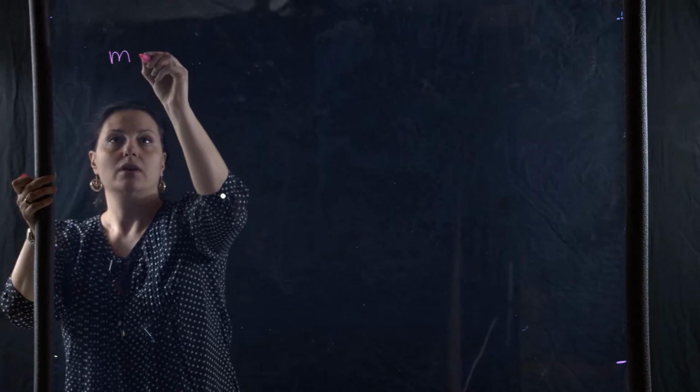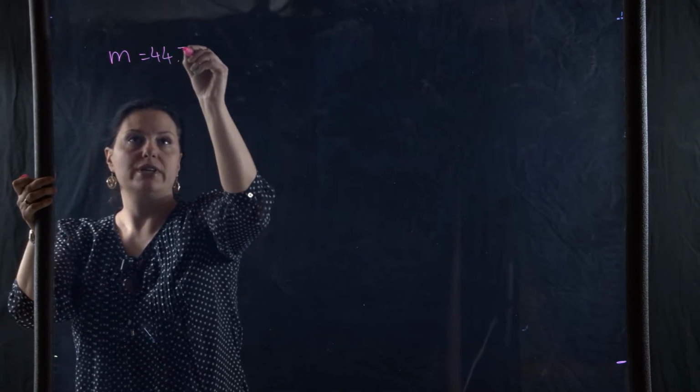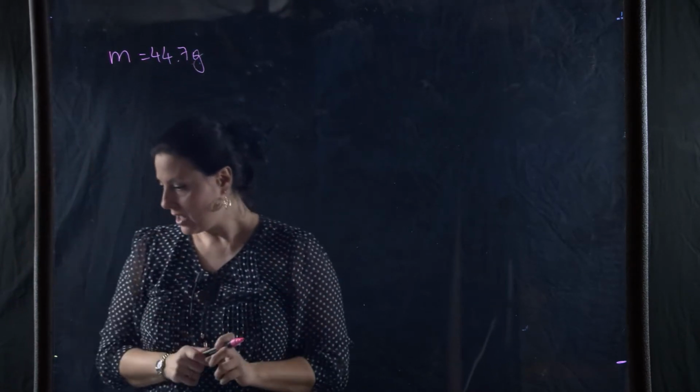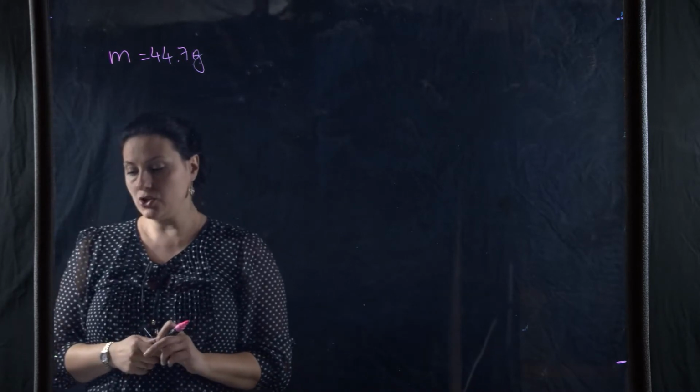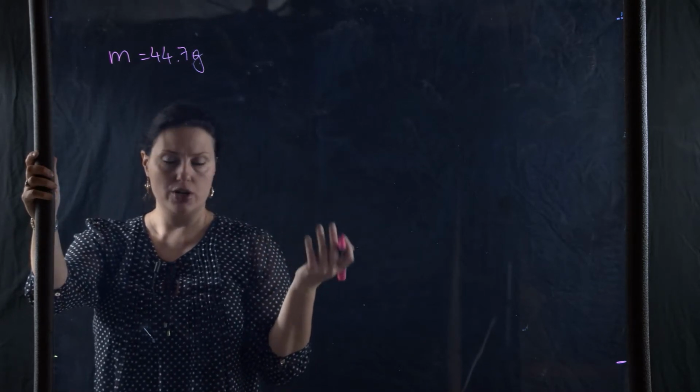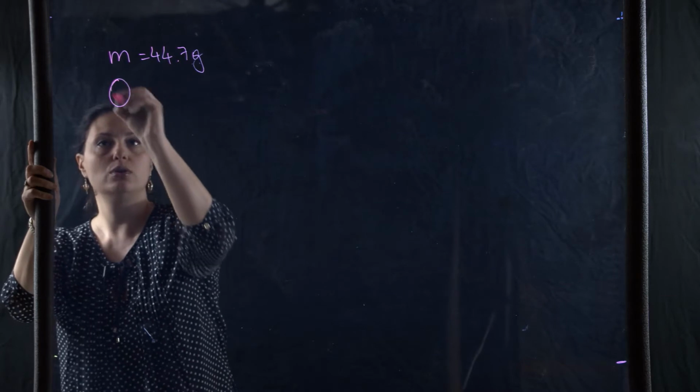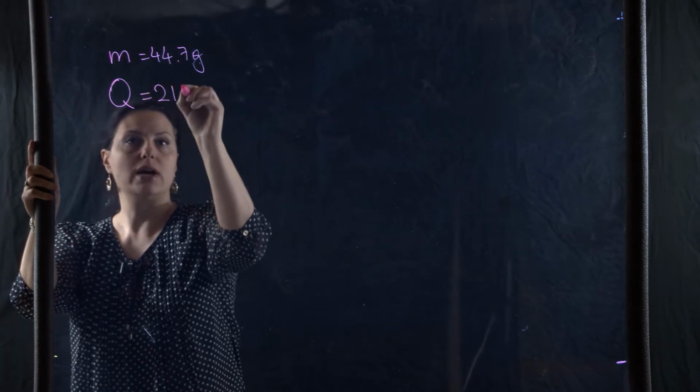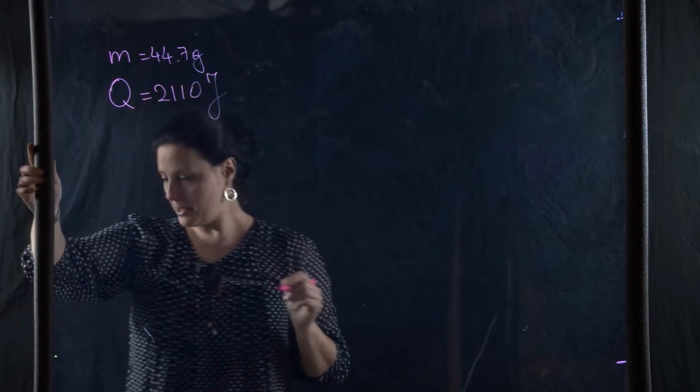Okay, the next problem in that same slide is a piece of unknown substance weighs 44.7 grams. So that's my mass. And it requires 2,110 joules. So anytime you see joules, that's a measure or a unit of energy. So that's my Q. Q is equal to 2,110 joules.